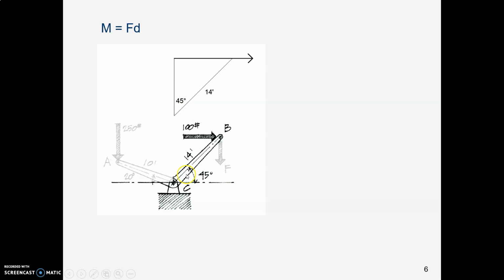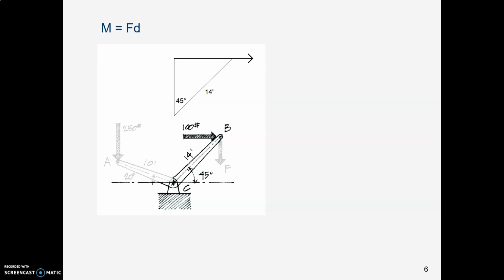He wrote 45 degrees down here. We can do that because these are complementary angles. That angle plus that angle adds up to 90. That's why I could write 45 degrees in there. And the length of that bar is 14 feet.